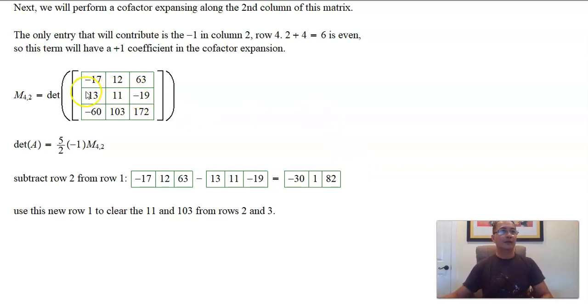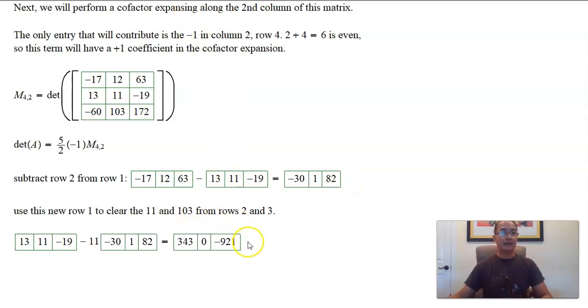So we have row 2, and we subtract 11 of the new row 1, and we get this much. Ooh, big numbers, but that's okay. We have this row 3, and we subtract 103 of the new row 1.